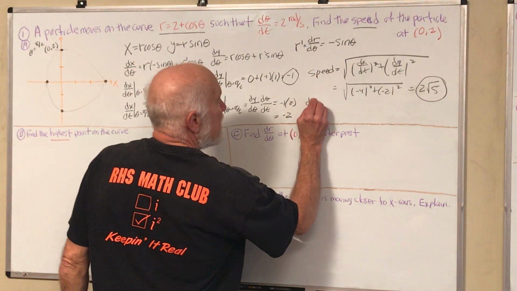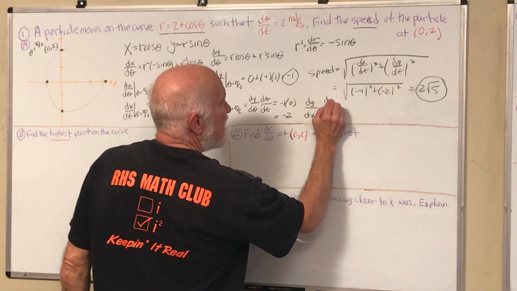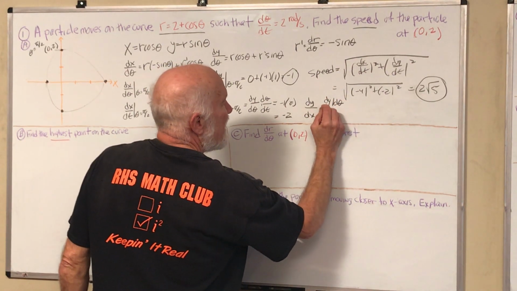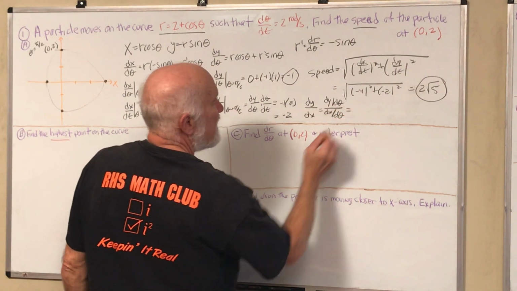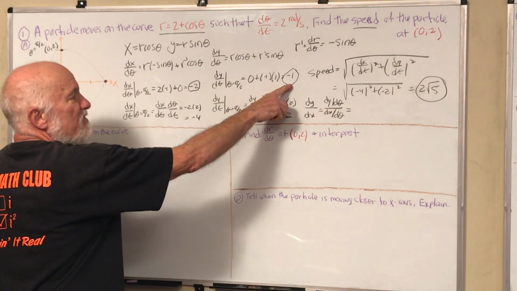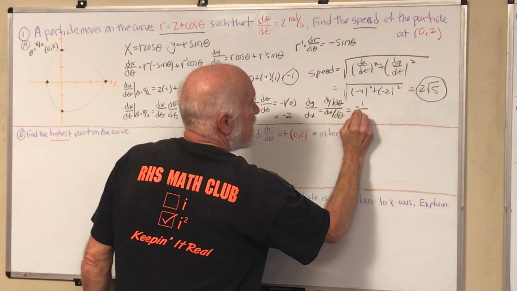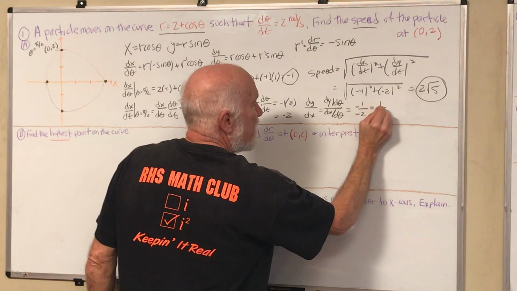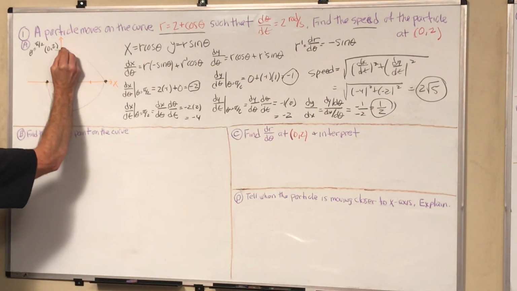The slope is dy/dx, which we learned in the last talk. That's dy/d theta over dx/d theta in polar. And we just found those two things out, -1 and -2. So it doesn't have a slope of 0. It has a slope of 1/2 right here.